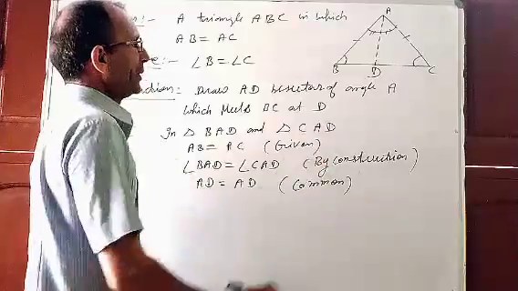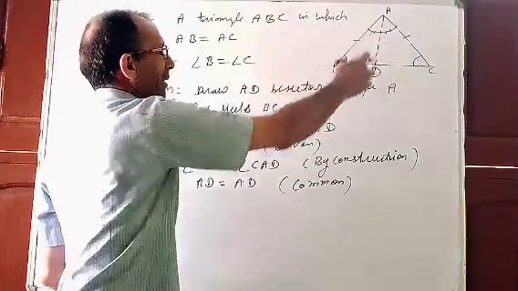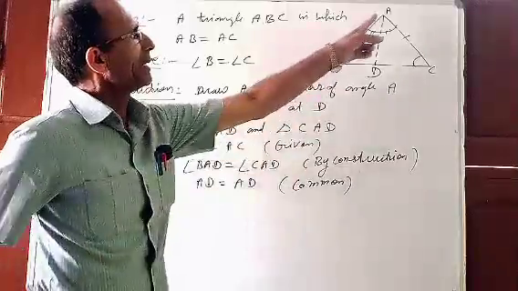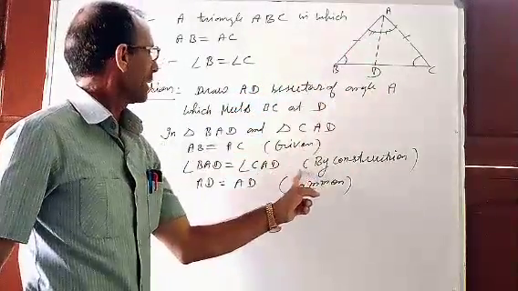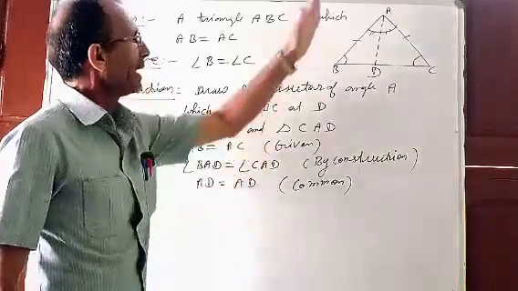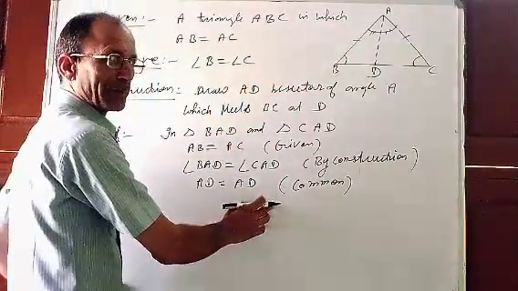AB is equal to AC is given, and angle BAD is equal to angle CAD, I constructed. This is a bisector, so angle BAD is equal to angle CAD by construction, and AD is common.